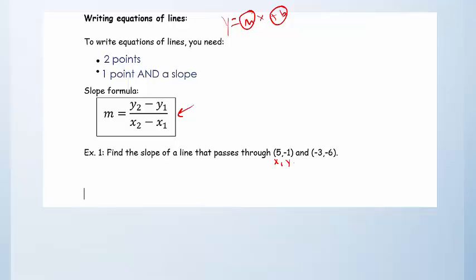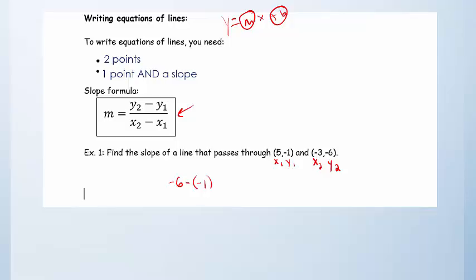I still label my coordinates x1, y1, x2, y2. That should look familiar from what we did way back in chapter 1 with the distance formula. And when I substitute these values into my slope formula, I'm going to be really careful about my negative signs. I'm going to do -6 minus, and instead of y1, I'm going to plug in -1.